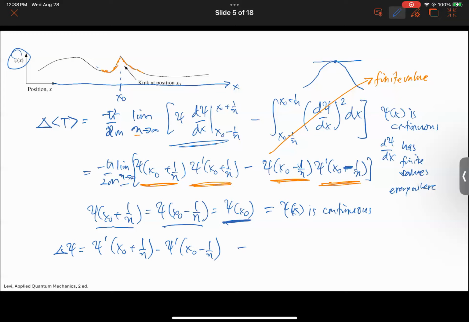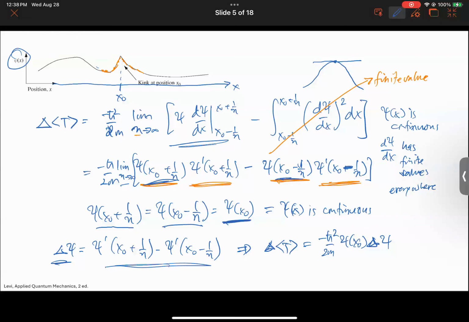Okay. Which means na yung delta ng expectation value ng kinetic energy can be written as negative h bar squared over 2m psi of x naught. Okay, ito yung finactor out natin, yung psi of x naught. And then delta of psi. Where delta of psi is this one.